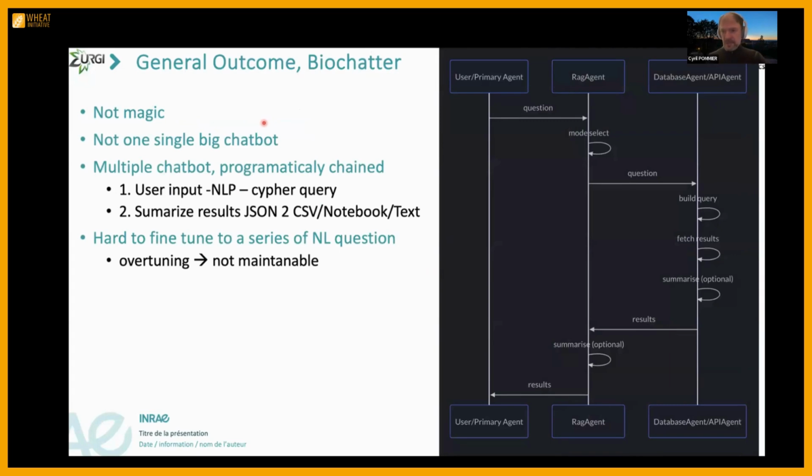BioChatter: my personal outcome is that it's absolutely not magic. The idea of having one single big chatbot that solves my problem is not going to work.